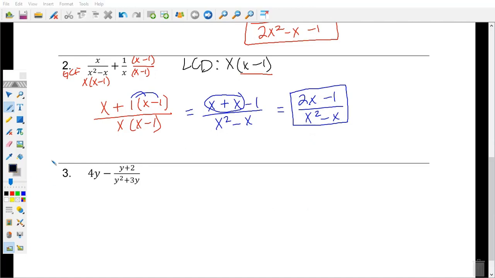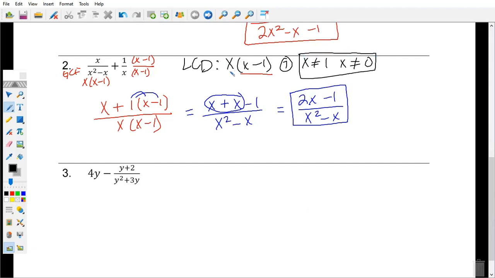Okay. I go back to my LCD to find my restriction, right? So step 7 is to find your restrictions. What are the restrictions on my x's? X cannot equal 1, and x cannot equal 0. Oh yeah, that makes sense.